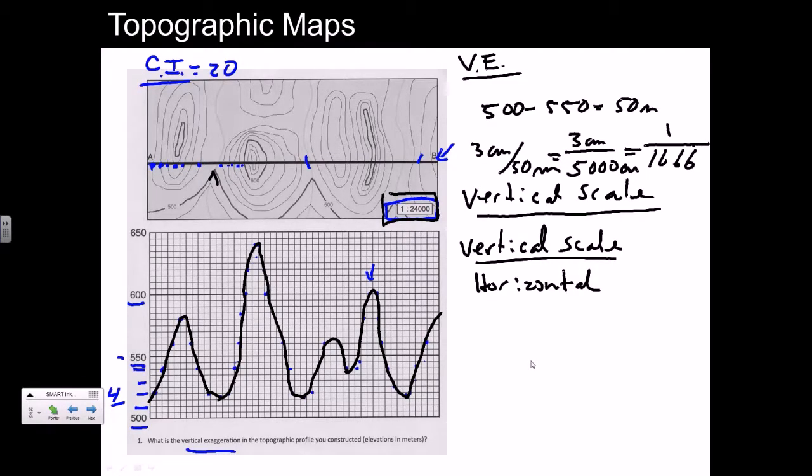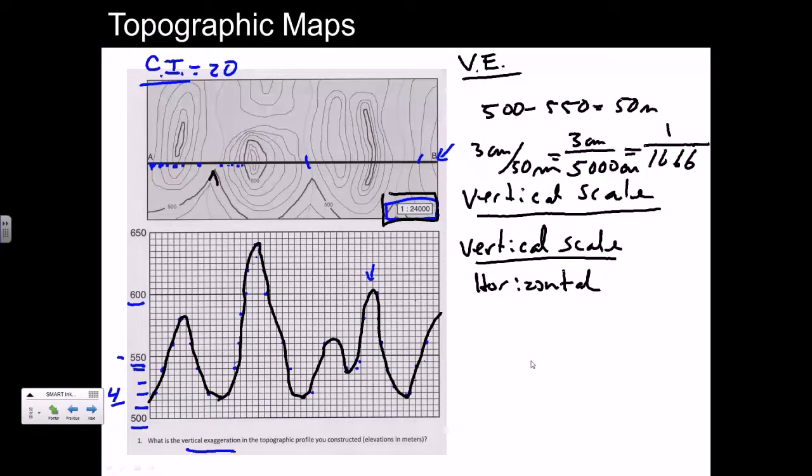The vertical scale is always larger than the horizontal scale, so your value in this case should always be greater than 1. Rarely is the vertical scale smaller than the horizontal because we're ideally stretching things out. And so we want a large number on top of a small number, so it's greater than 1.